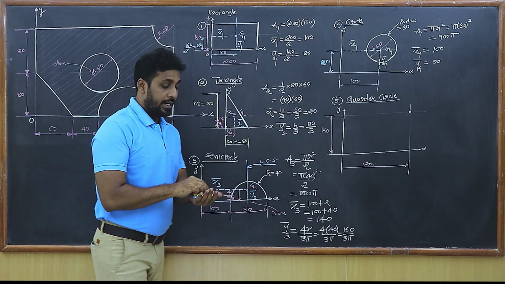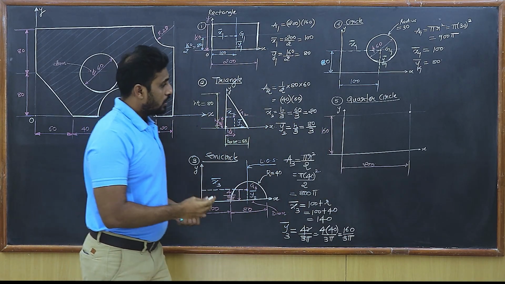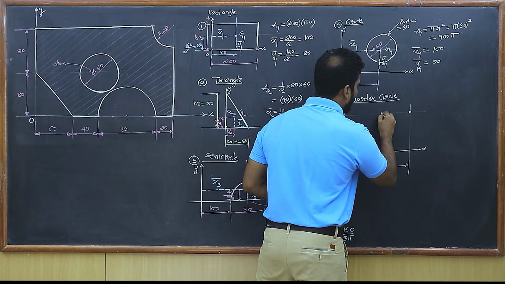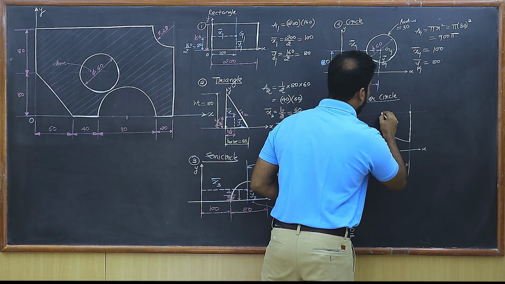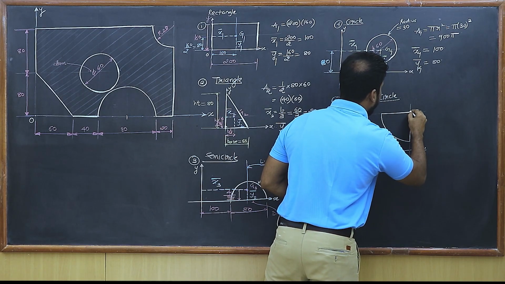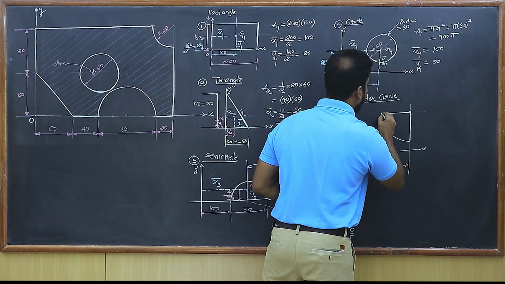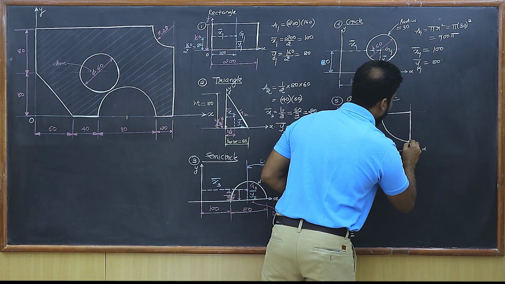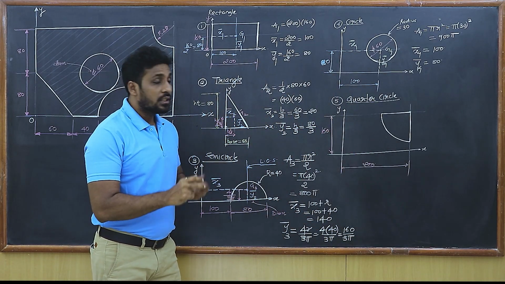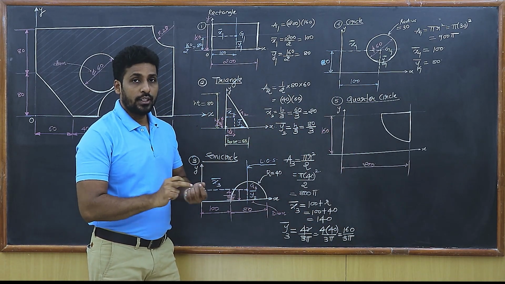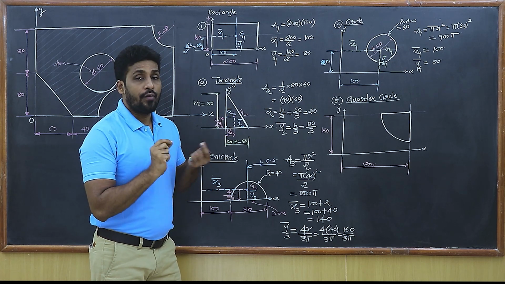And let's draw the quarter circle also here. What is the radius of the quarter circle that is given to us? The radius of the quarter circle is 28. Now remember, the diagram is not according to scale, isn't it? We are just drawing the diagram for representative purpose. We need to understand where the centroid is going to be. So it should be very convenient to find the distances.